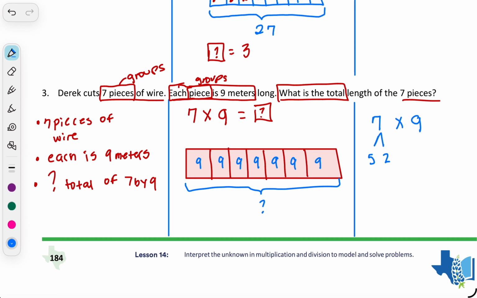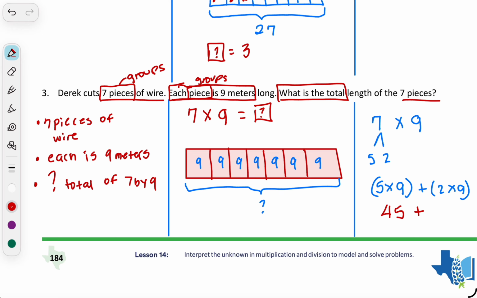Okay, so now I'm going to use the distributive property here to simply solve the problem. So I'm going to do 5 times 9 plus 2 times 9. And now we're going to solve it. So I know that 5 times 9 is 45.